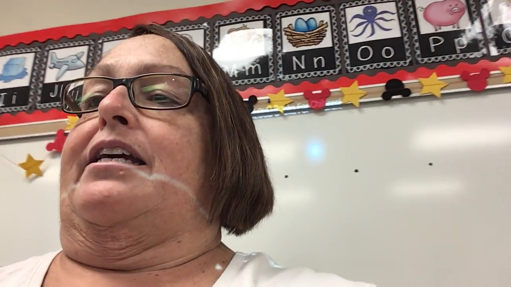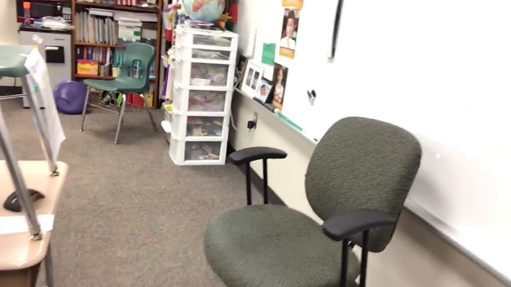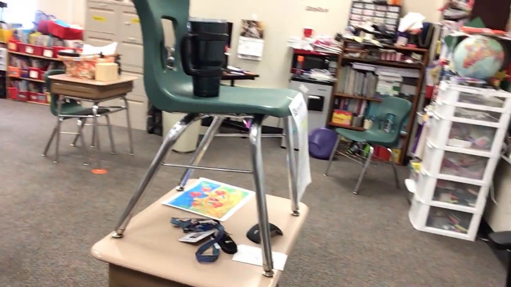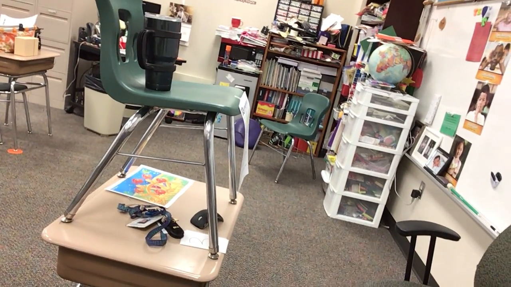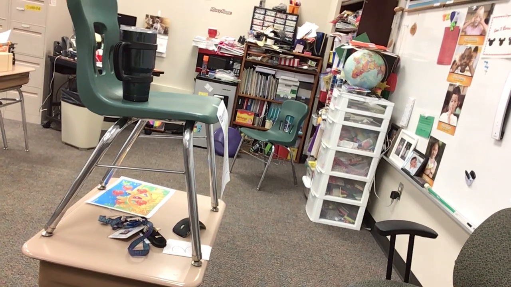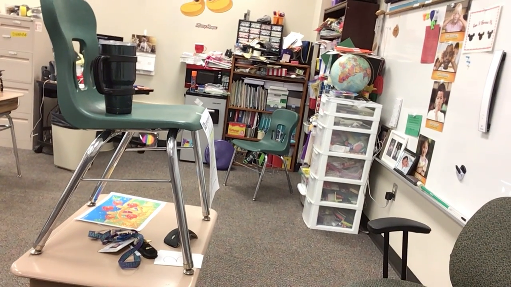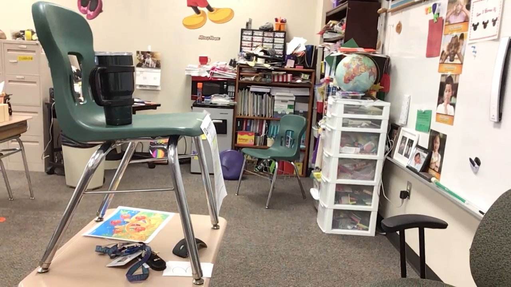So let me take you off of me and see if I can turn this video around and show you what it looks like where I'm at. Wait a minute, let me see if I can get it here. There's my teacher chair, and then to video, I have a chair sitting on top of a desk, and then I have my water mug sitting there to hold my iPad up so you can see me.